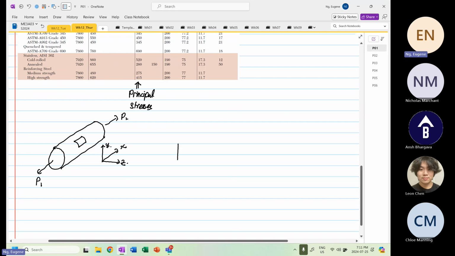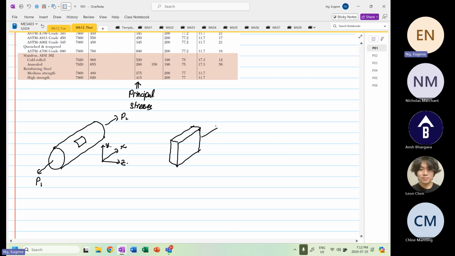So we have the element looking like this. Yeah, I'm ignoring the curve for now. I'm just drawing it flat, right? So we know under this configuration, we only have stress X, and there's no shear, no nothing.